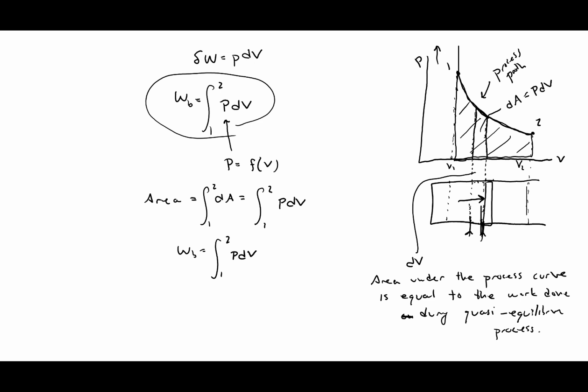Since the work is a path function, I'm going to go to another slide. So because the work is a path function, let's draw another PV diagram. So let's say that we have state 1, state 2, and we could potentially have different paths that we do this work. So let's say that one path we do this.